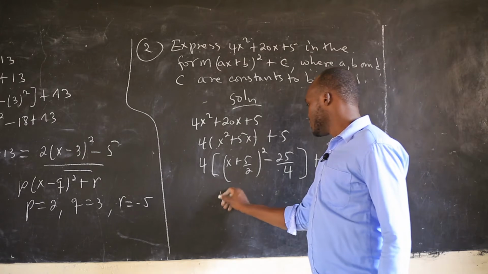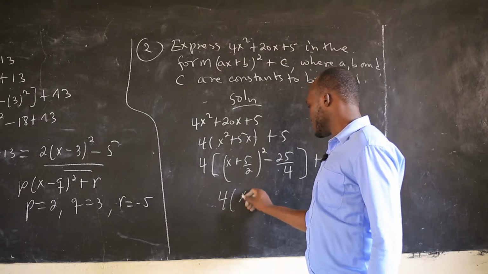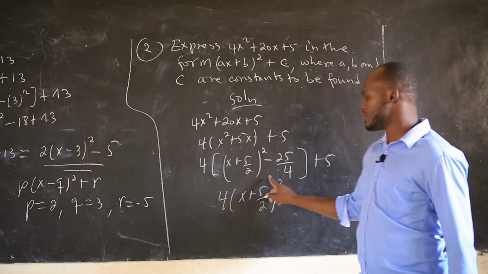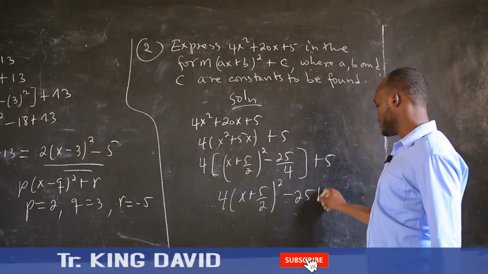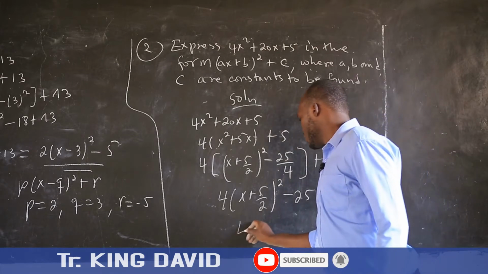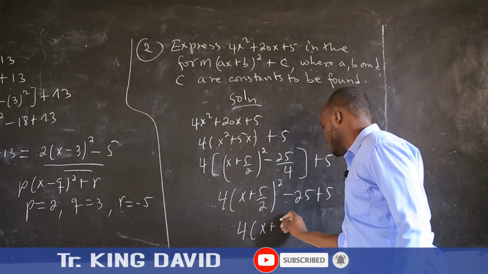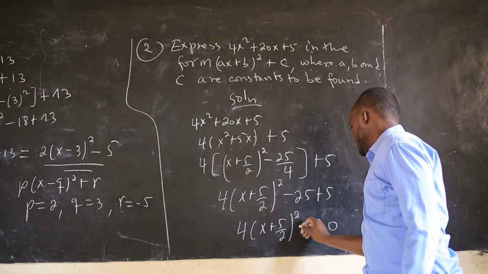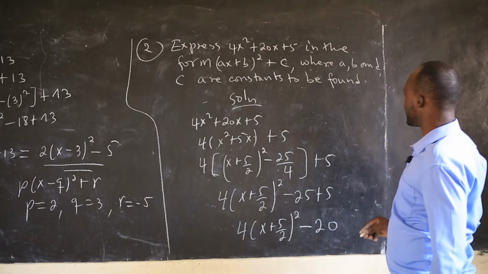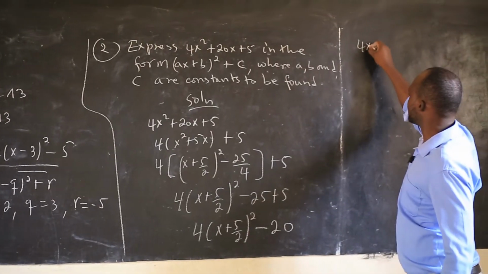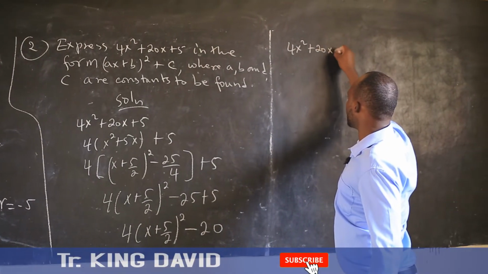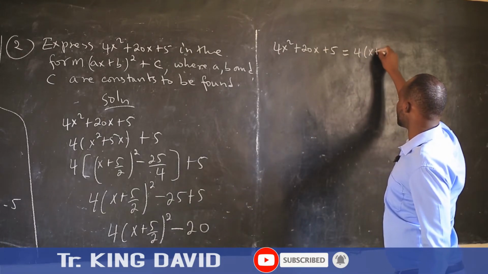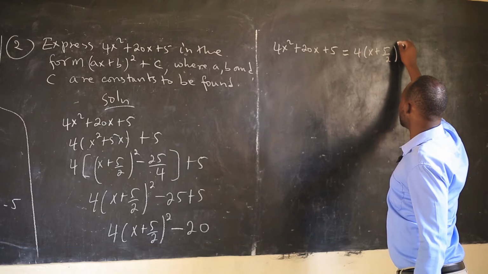So this is 4 into bracket (x plus 5 over 2) squared. 4 times that one, that is negative 25, plus 5. So you get 4(x plus 5 over 2) squared minus 20. So 4x squared plus 20x plus 5, the answer is 4(x plus 5 over 2) squared minus 20.